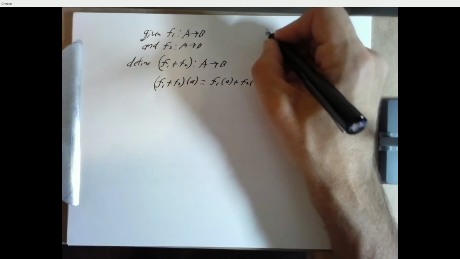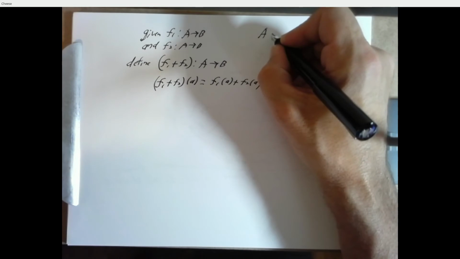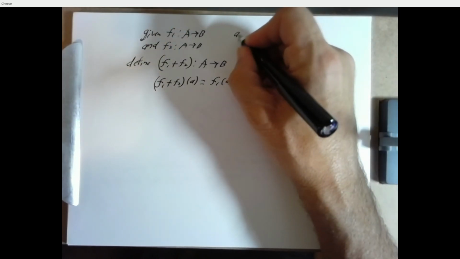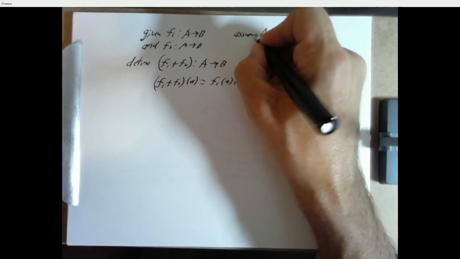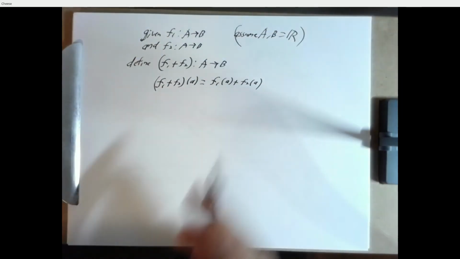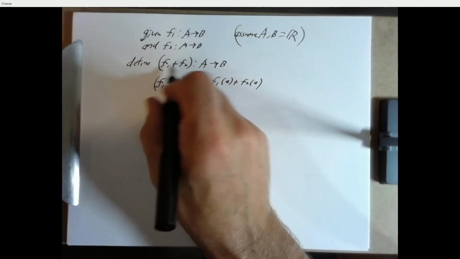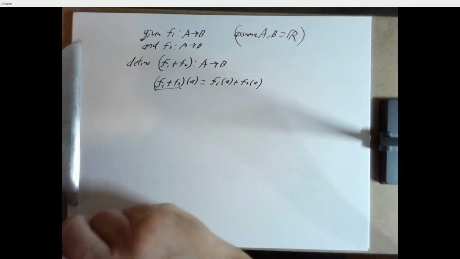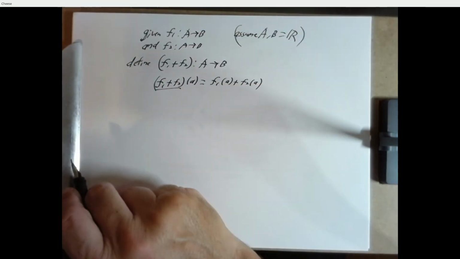And we're assuming that there's a notion of addition here, so for the sake of simplicity, let's assume that A and B are both a set of real numbers, so that this idea of adding things makes sense. So if we have two functions, we can express the sum of those functions, and we get a new function. It maps from things in A to things in B, or from reals to reals.